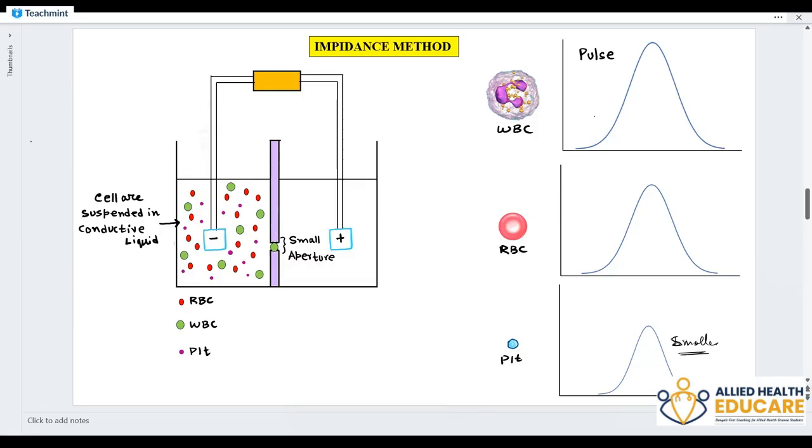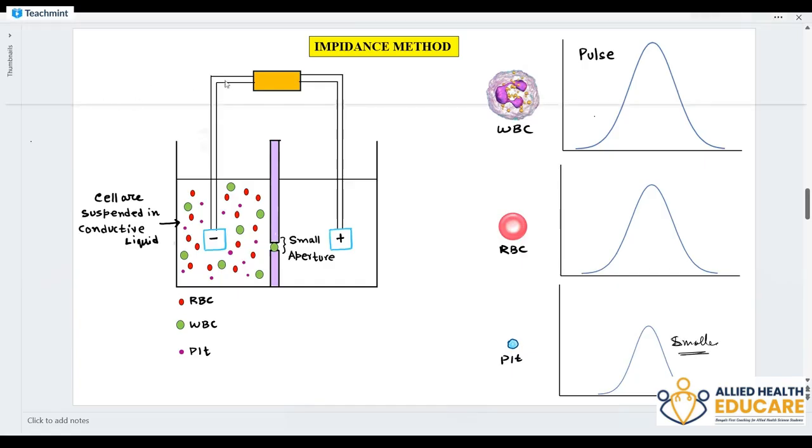So what happens in the impedance method? The impedance technique deals with the electrical field. In a 5-part or 3-part machine, there are numerous counting chambers. Once the blood is aspirated, the machine mixes the blood with diluent. This diluent is nothing but a conductive liquid.